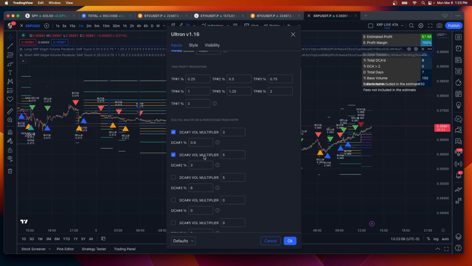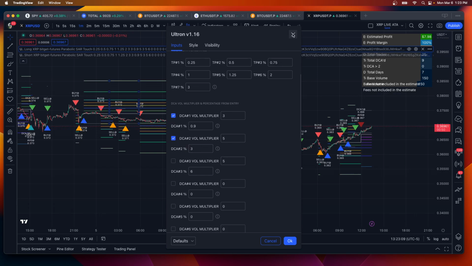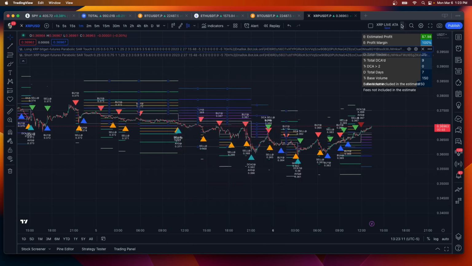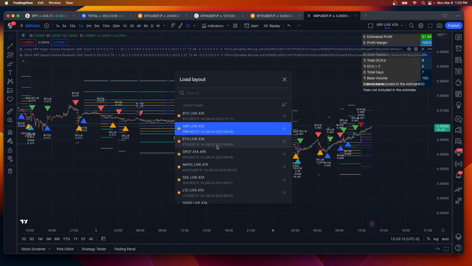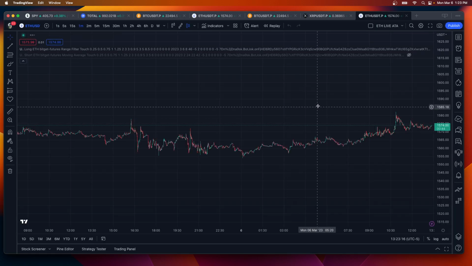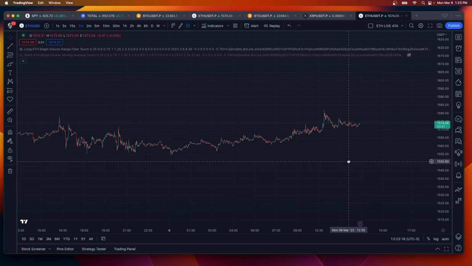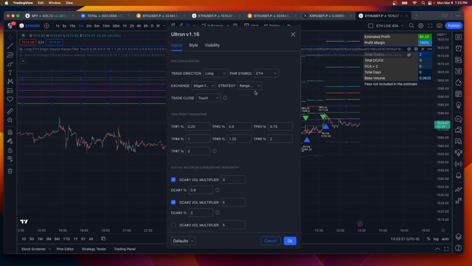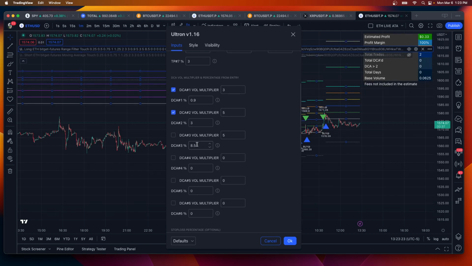Now, I like this for the DCA because if you were to take a coin that has easier math, let's load up Ethereum. Let's say I wanted to know if I added this 8.5% DCA to my most recent trade, which is here. My entry is 1576. Where would that be roughly?